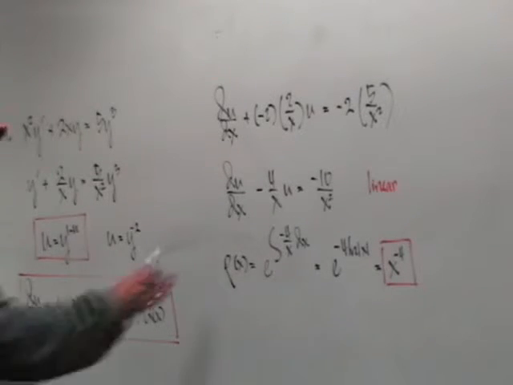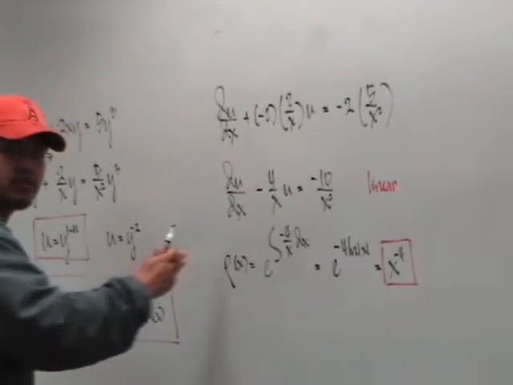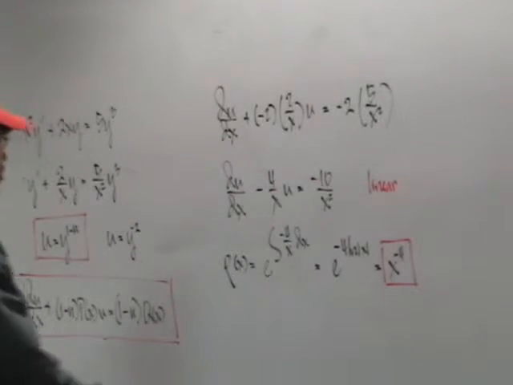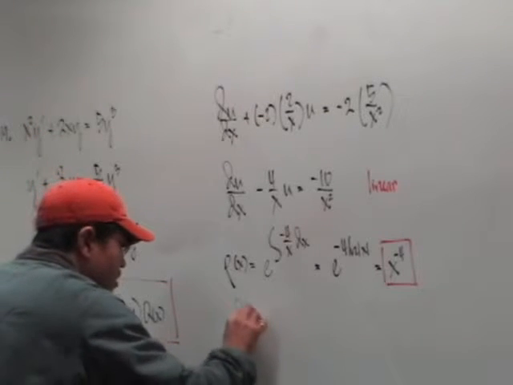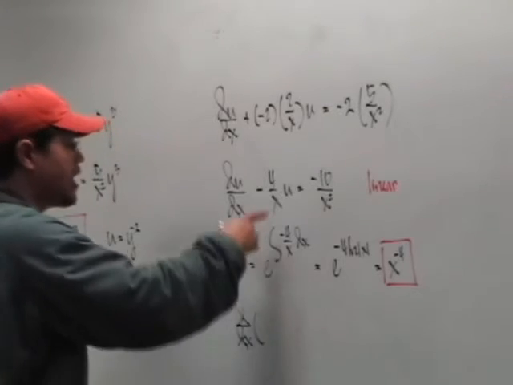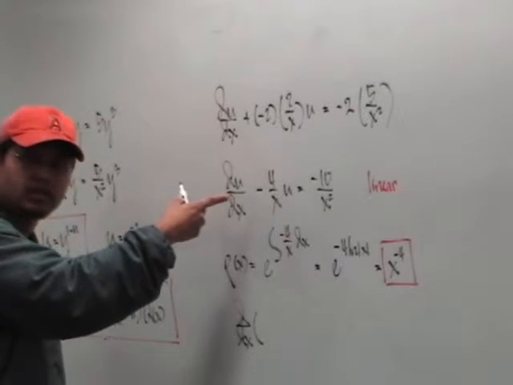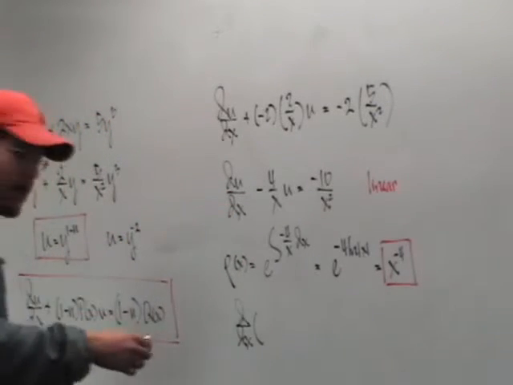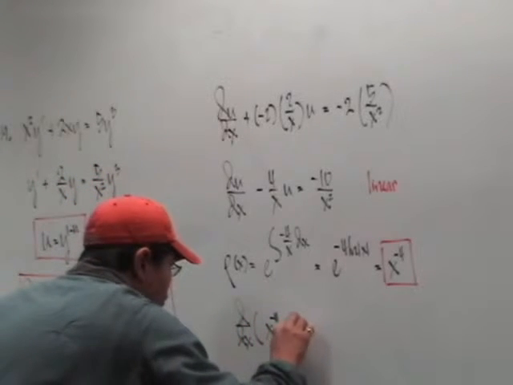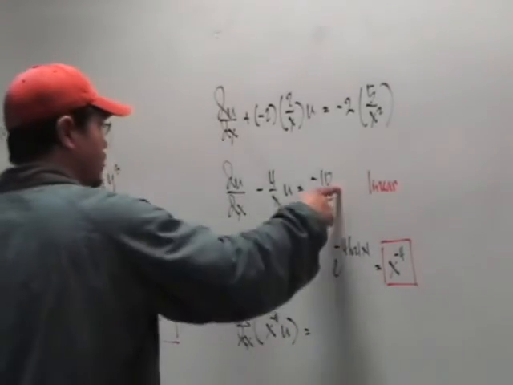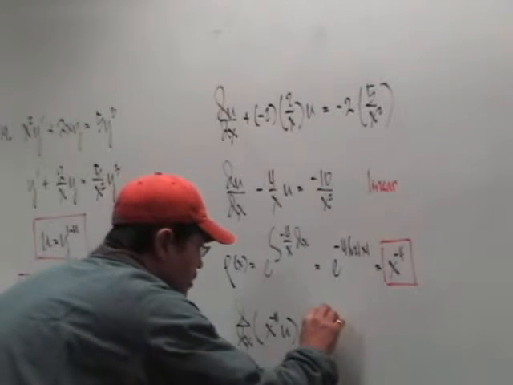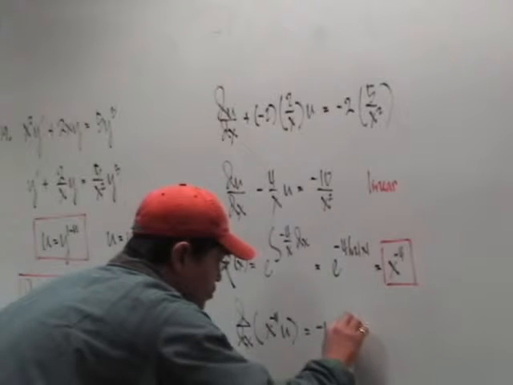Now, when you multiply both sides by this, the left-hand side turns into d/dx of rho u, not rho y, because u is your dependent variable here. So x to the negative 4 u equal to, the right side, you just multiply that out, you get negative 10 x to the negative 6.